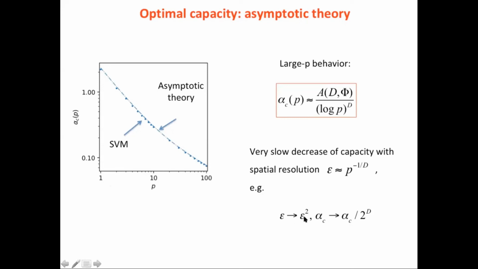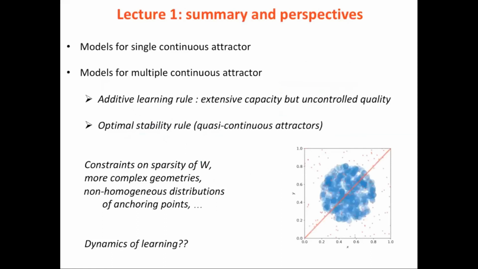You move from epsilon to epsilon squared, which is a huge increase in accuracy, right? Then what you pay is a decrease in capacity. You can store fewer manifolds of higher quality. That makes sense. But you decrease only by a fraction. So the capacity decreases very slowly with the accuracy, 1 over log epsilon to the D, which is very good news, right? That means recurrent neural networks are very good machines for storing very high quality approximations of a continuous manifold or many continuous manifolds.